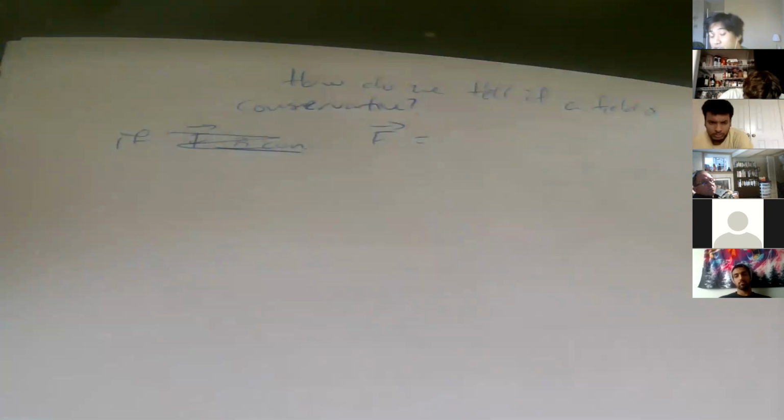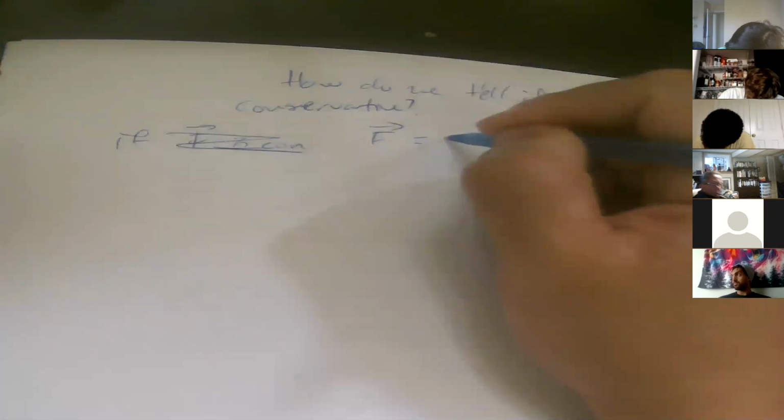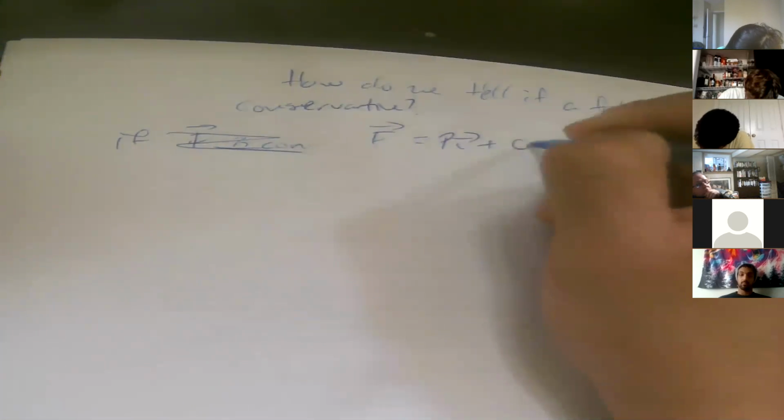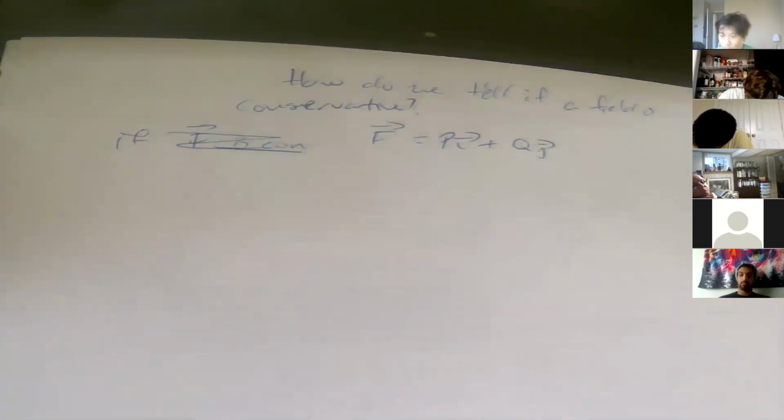For our illustration, we'll do this in 2 variables, but we can do this in higher dimensions as well. That's not super important. Right? We've got a vector field. It looks like this. And I want to determine if it's conservative. Okay?